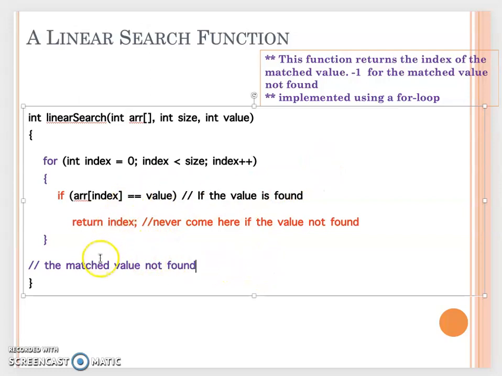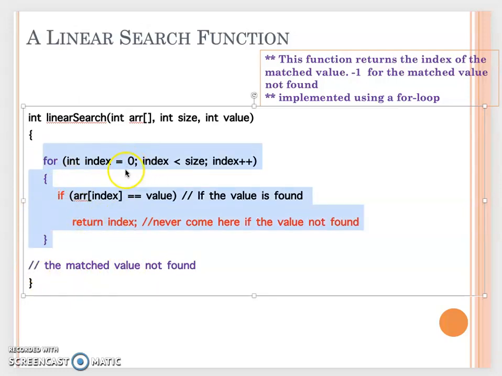If I find the matching value in the for loop, I just return the index. But if I start from index equal to 0 until index less than the size and never find the matching value in the for loop, then I will finish the for loop.